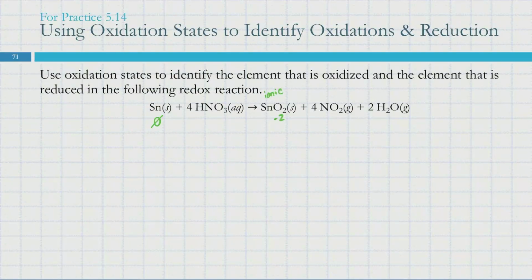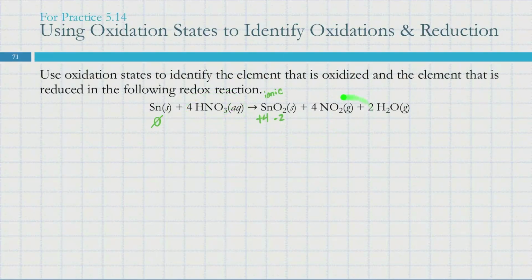It always forms a 2 negative charge. And our tin is going to have what charge? It's going to have to be +4. So tin's a +4, oxygen's a -2. So just with those two things, we've already figured out that tin had a change in its oxidation state. So tin's one of the two things that we're dealing with.